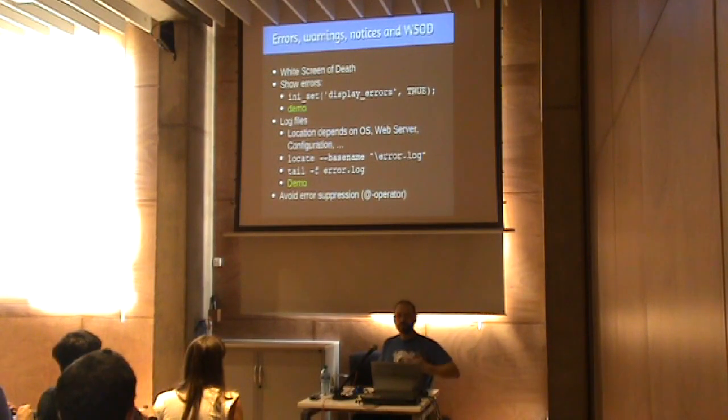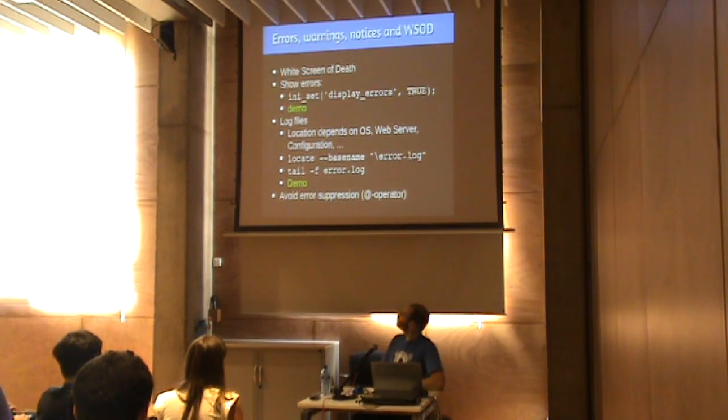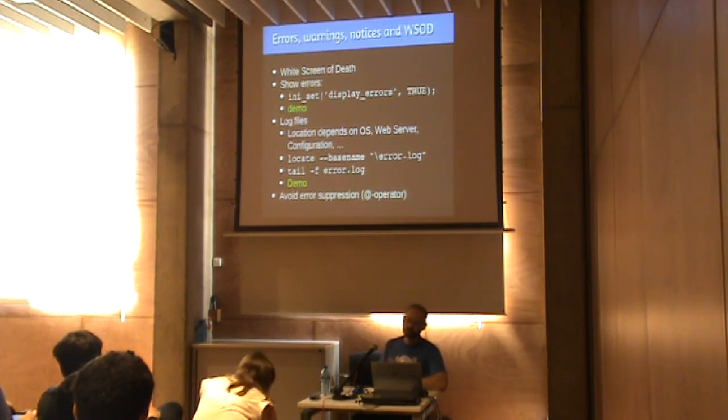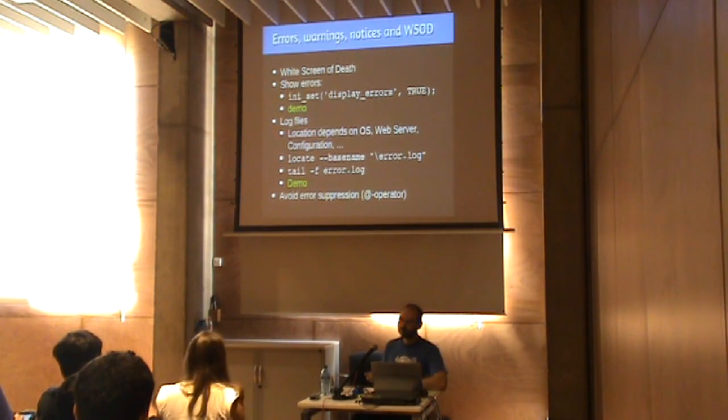So instead of telling you what's wrong, it just halts execution, not giving you any information. It is logging to your log file. The location of your log files is kind of hard to say without looking at your exact operating system, your web server, your configuration, because you can tell PHP to log wherever you want.